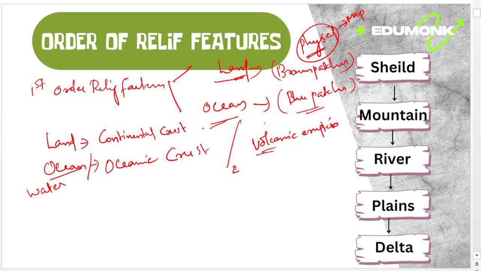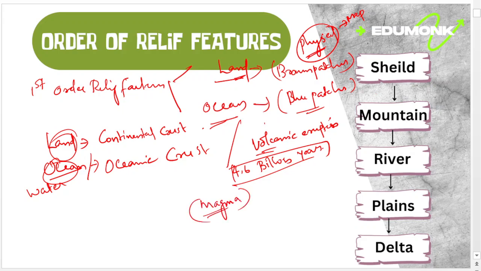Around 4,000 billion years ago, a violent volcanic activity happened on Earth, which led to the eruption of magma on the surface of Earth.